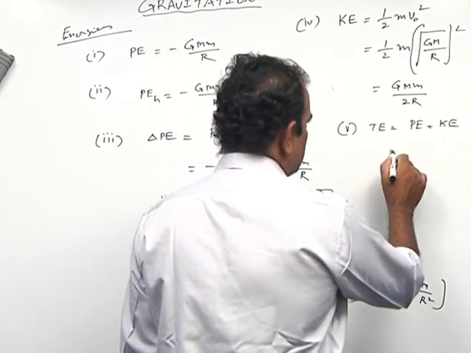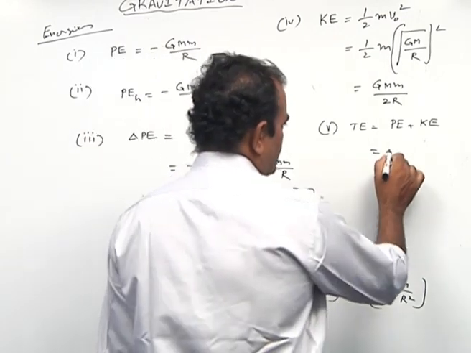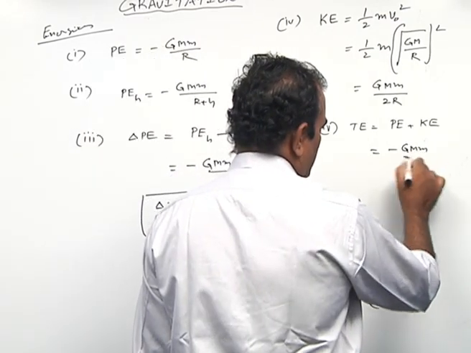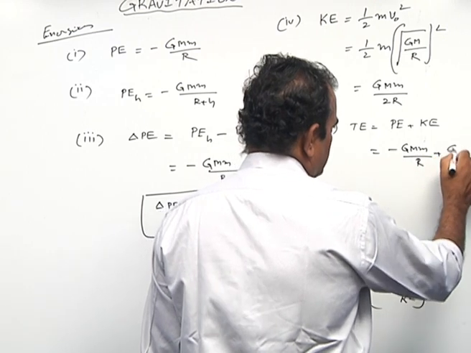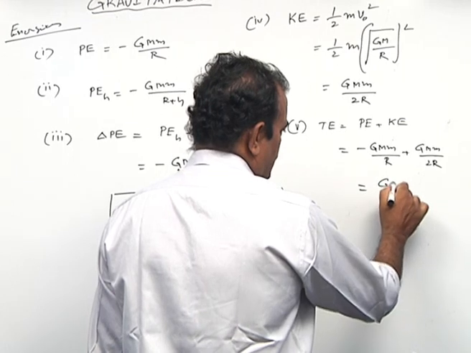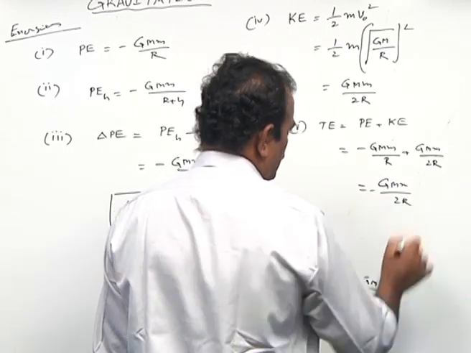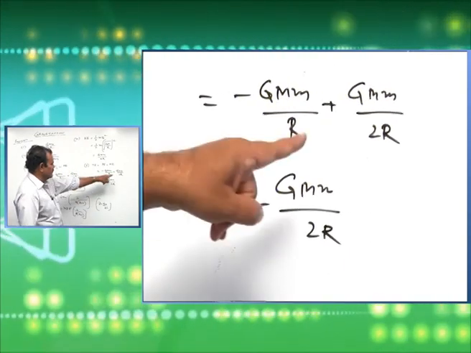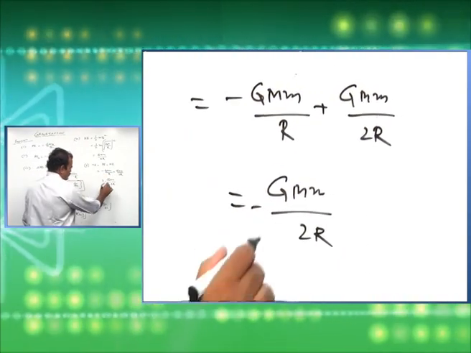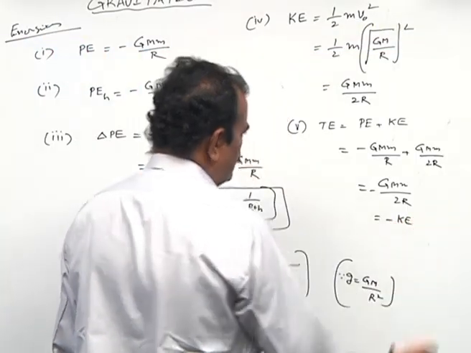PE we already know is minus GMm by r, so minus capital G, capital M, small m by r, plus G, capital M, small m by 2r. So it will be capital G, capital M, small m by 2r, with a minus 2r. This can be taken as 1 by 2 minus 1, so it is minus 1 by 2. Now, here that is nothing but minus K. Total energy is equal to minus K.